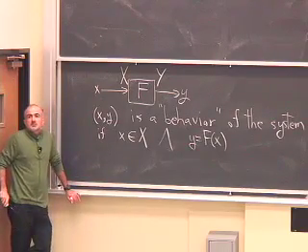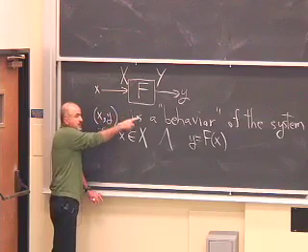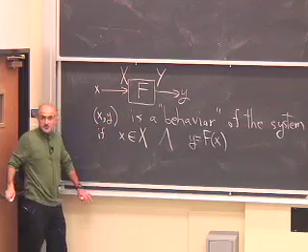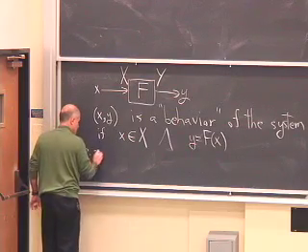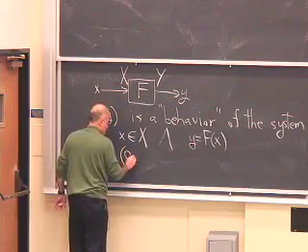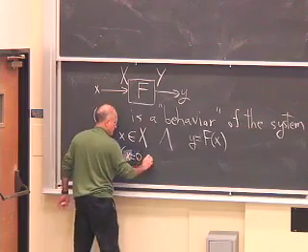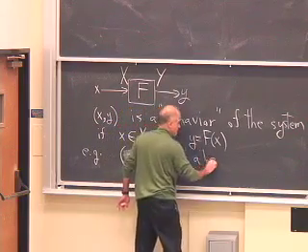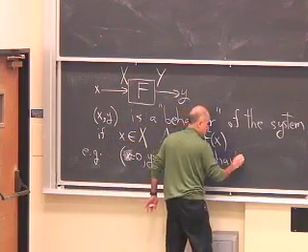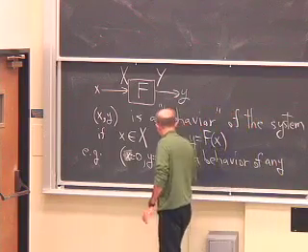So x equals 0, y equals 0 is a behavior of every linear system. That would be an example. Let's make that explicit. x equals 0, y equals 0 is a behavior of any linear system.